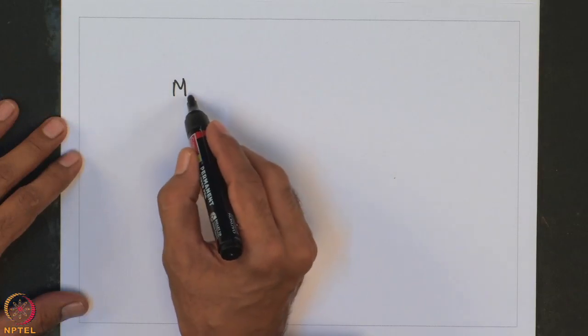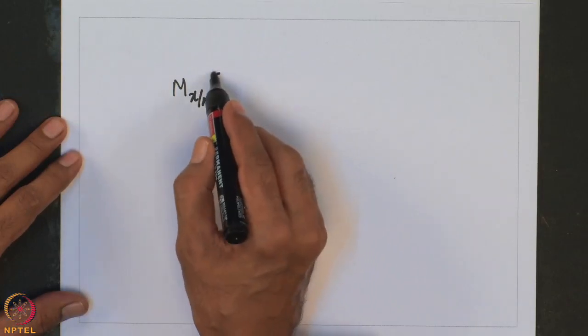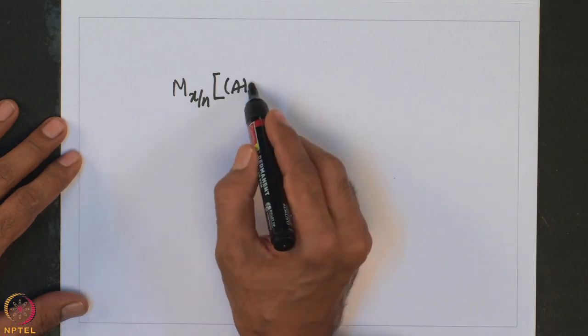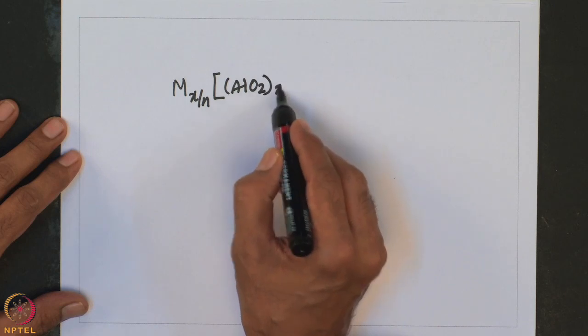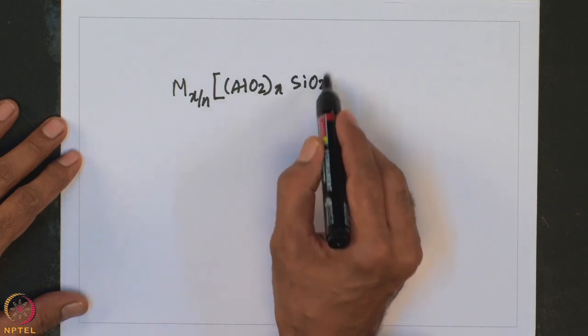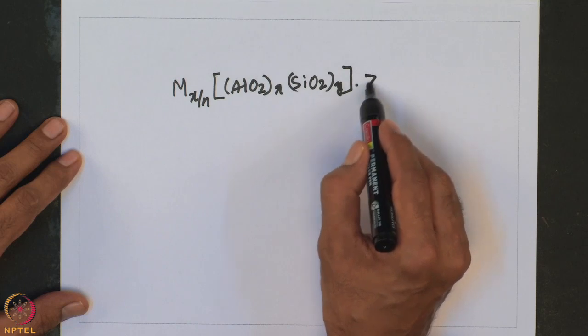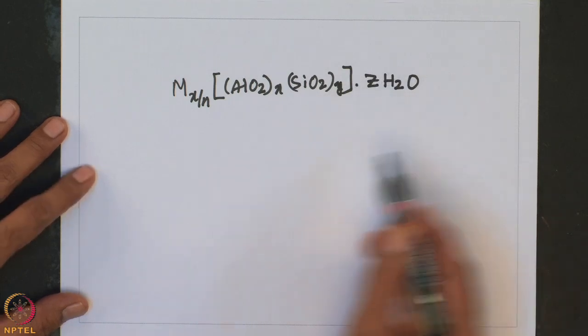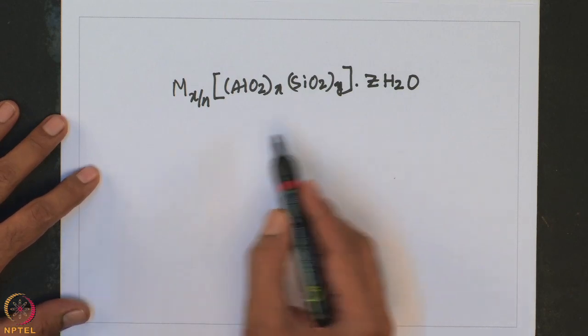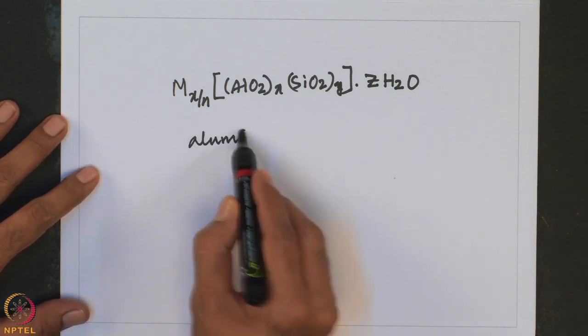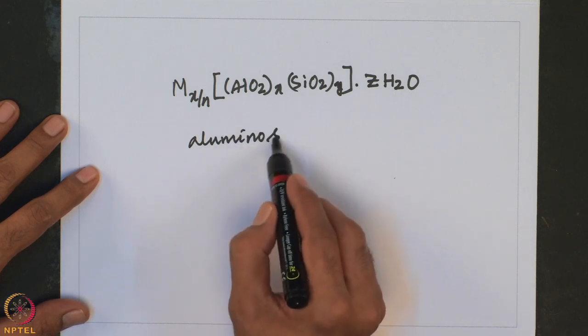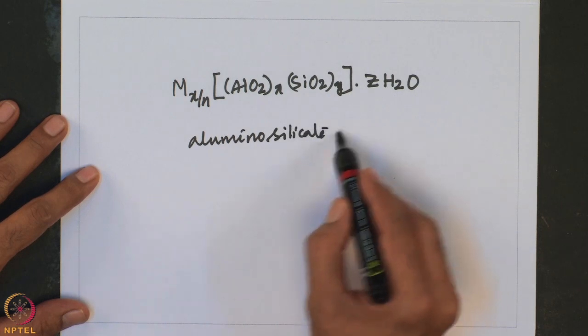A simplified empirical formula for an aluminosilicate can be represented using the formula M. So, this is a typical molecular formula for aluminosilicate. That is a zeolite.